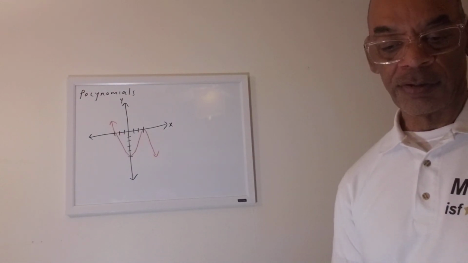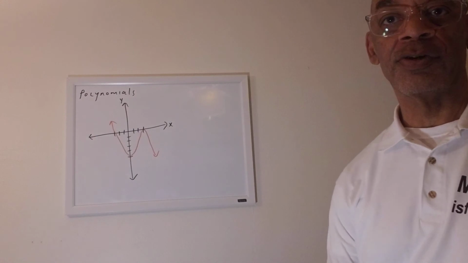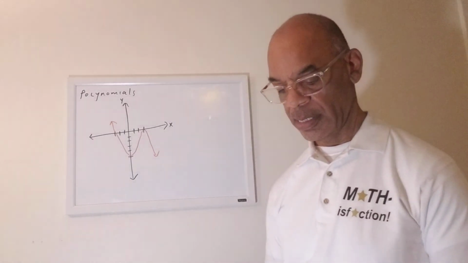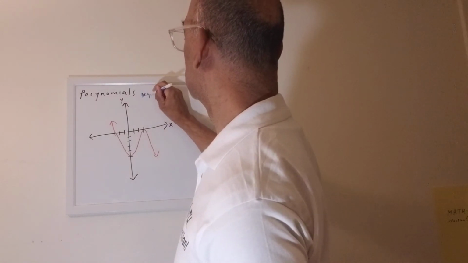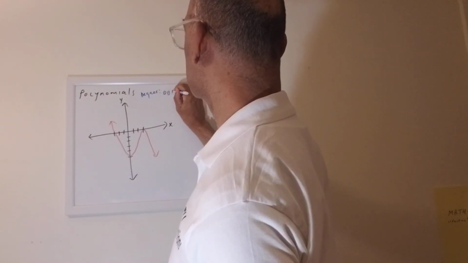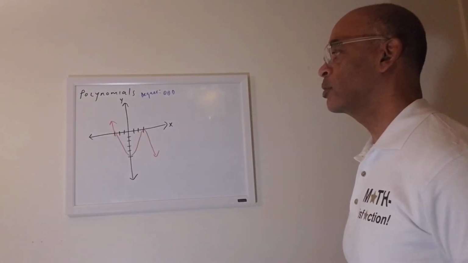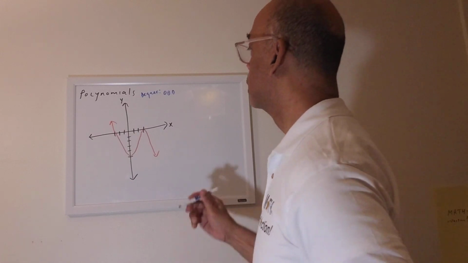Okay, degree even or odd. The ends are going in opposite directions, so the degree is odd. Left end is going up, right end is going down, or left end goes down and right end goes up. Now, let's find an equation.